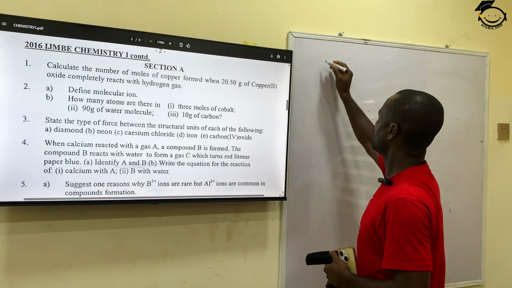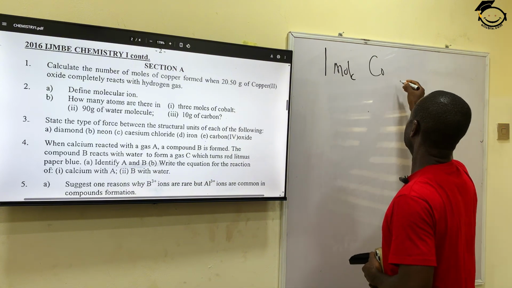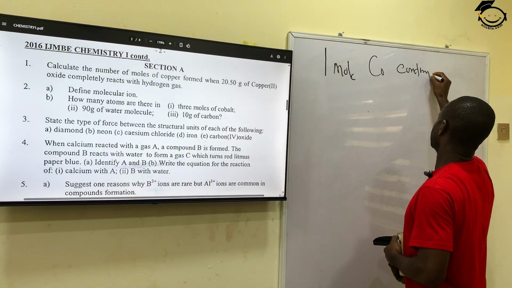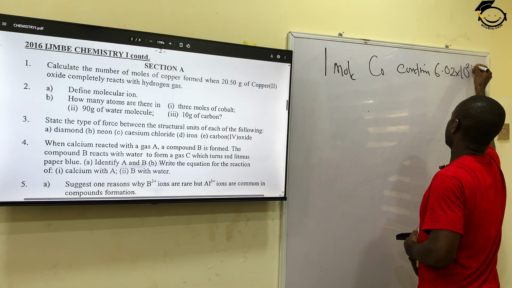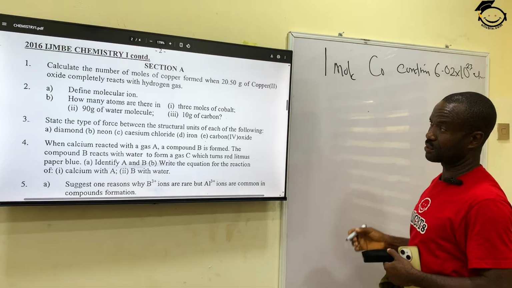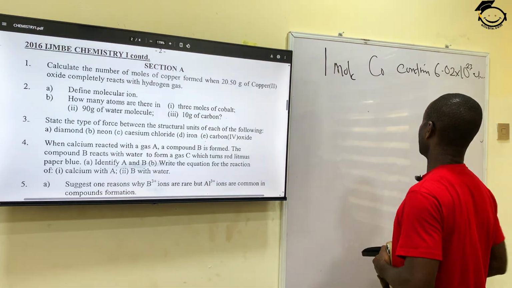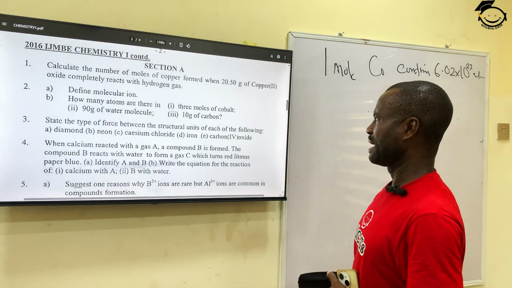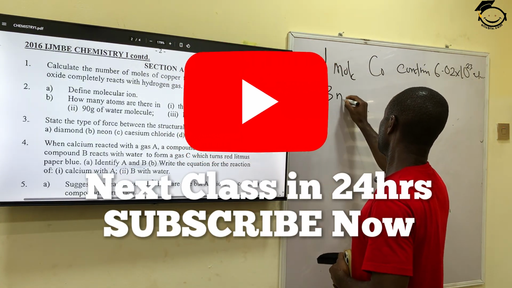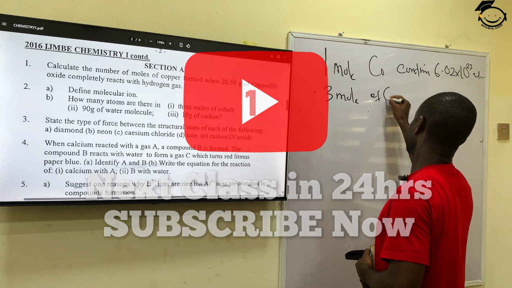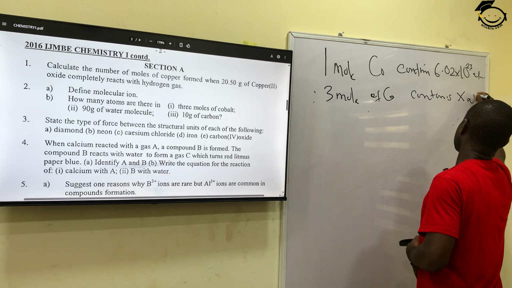Of course, 1 mole of cobalt contains about 6.02 times 10 raised to power 23 atoms, according to Avogadro's constant. That is 1 mole of any substance. So cobalt being a substance contains this. So 3 moles of cobalt contains, say, X atoms.